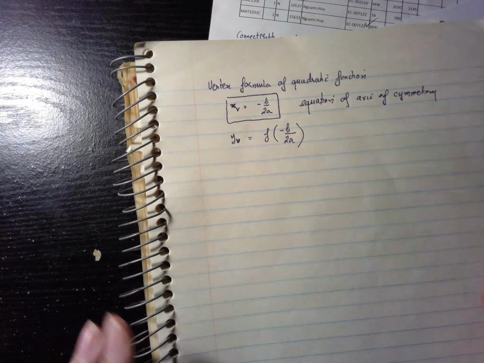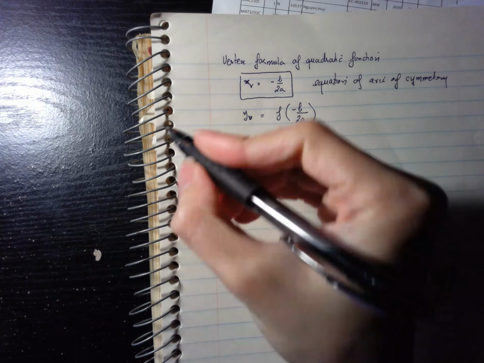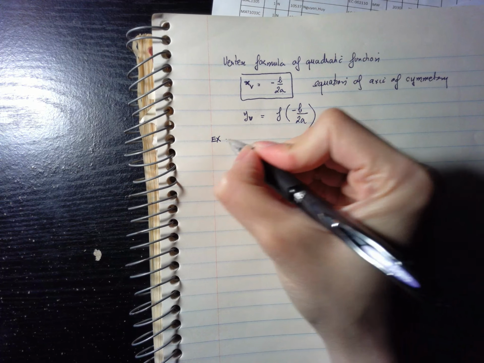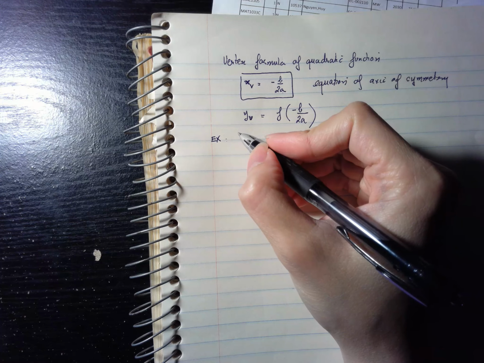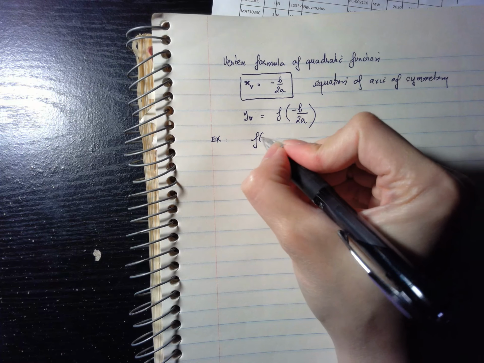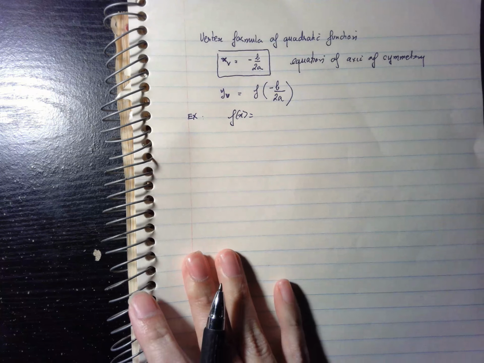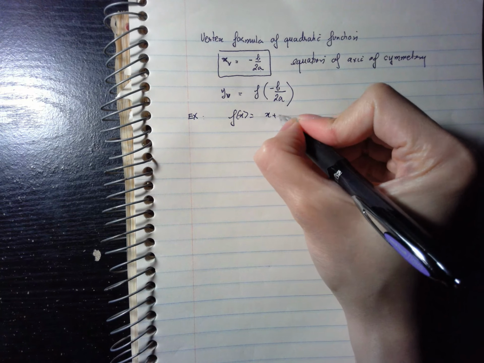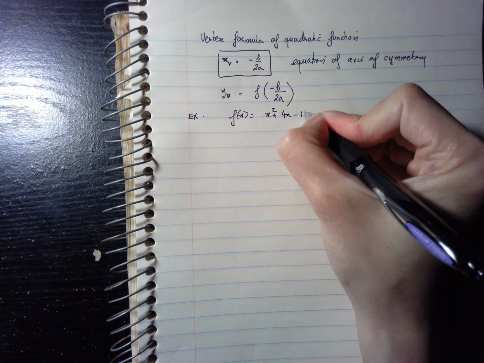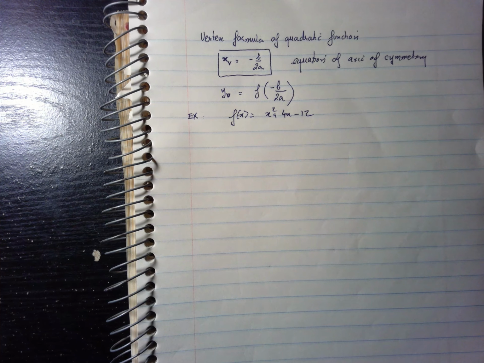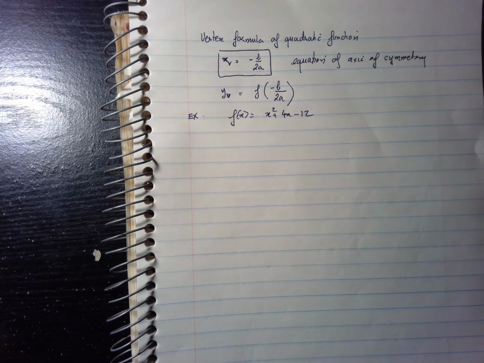Let's take a look at one example so that you understand better. Let's consider the function f(x) = x squared plus 4x minus 12, and I want to find the coordinates of the vertex point.